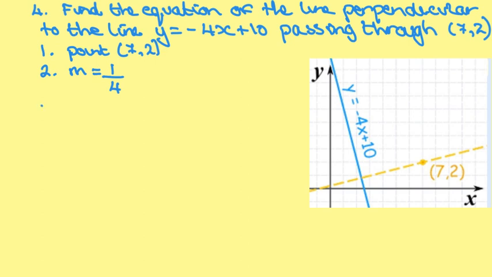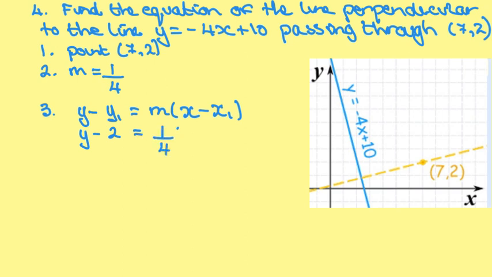And thirdly, we use the equation y minus y1 equals m times x minus x1, substituting what we know, so we've got y minus 2 is equal to a quarter brackets x minus 7. If we multiply out, we get y minus 2 is equal to a quarter x minus 7 over 4.